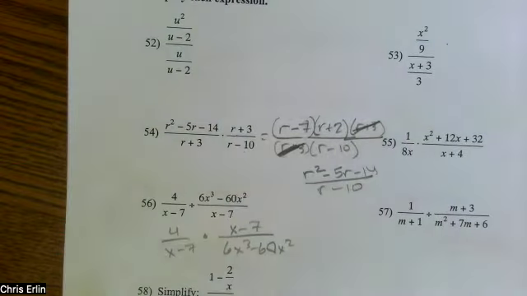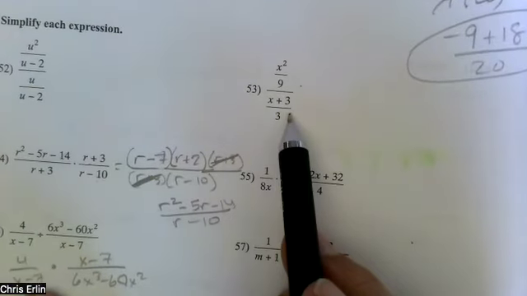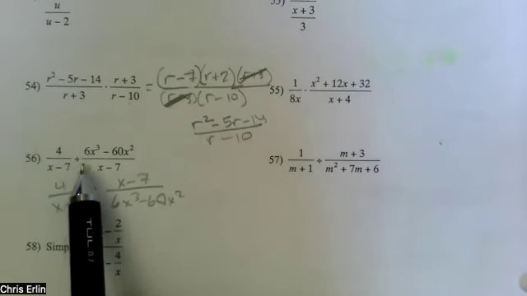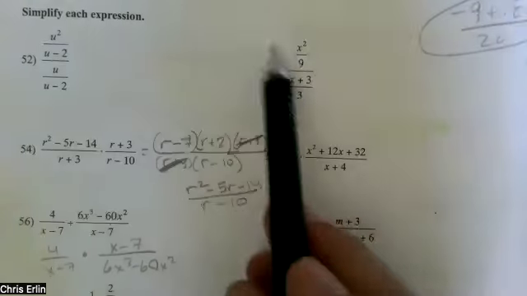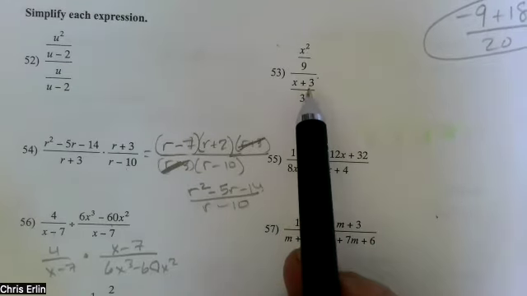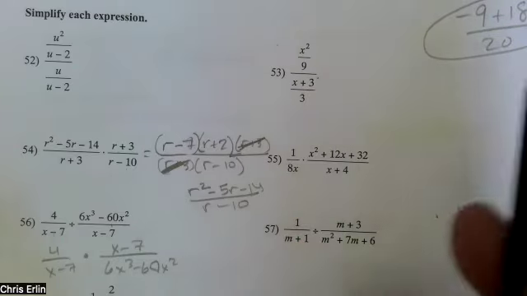And then I'll factor and cancel out parts as I can. What about 53? Good. It's the same as this. It says fraction divided by fraction. It's just written a different way. So I'll change it to this fraction times the reciprocal.